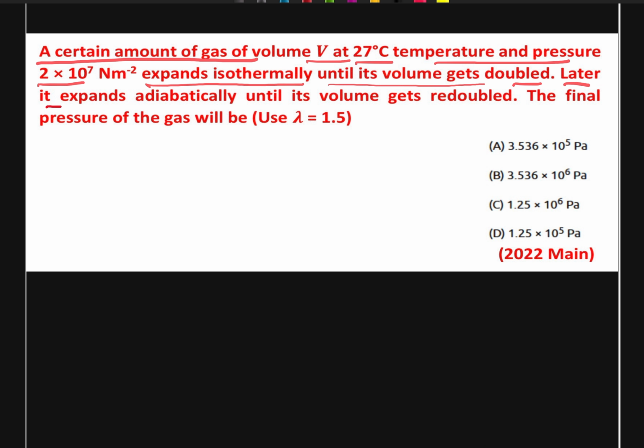Later, it expands adiabatically until its volume gets redoubled. The final pressure of the gas will be. So here we are having two processes. First is isothermal expansion, the volume is doubled, and second is our adiabatic, and in this case also the volume is once again doubled. So let us consider first of all our isothermal expansion.